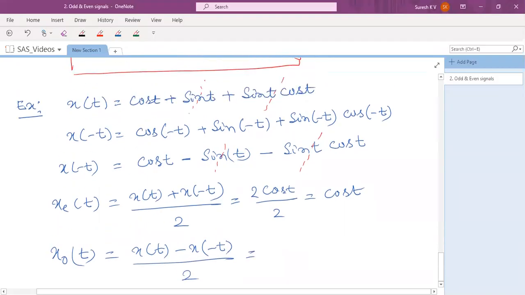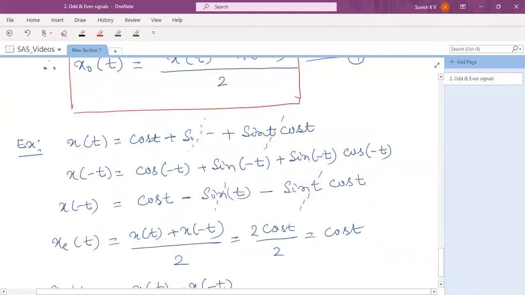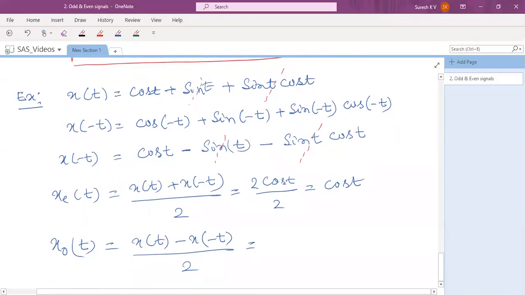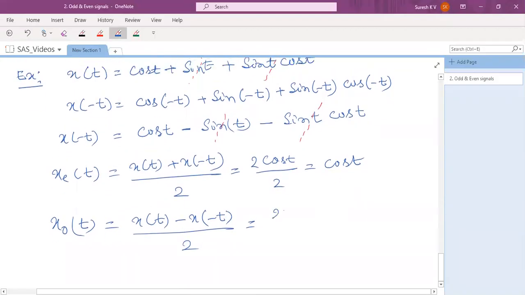So if I do that, what you will have is, okay, cos t cancels with cos t, sin t minus of minus sin t is 2 sin t, and sin t cos t minus of minus sin t cos t will be 2 sin t cos t divided by 2.